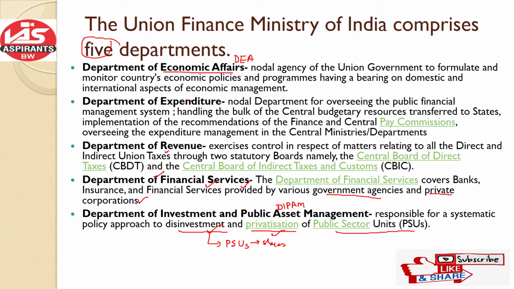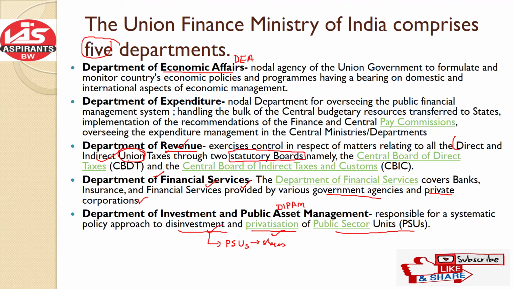Then we have the Department of Revenue. By the name itself, you can infer it covers all the taxes, whether direct or indirect. All the direct and indirect union taxes, that is the central government's taxes, are covered through the Department of Revenue, and it conducts its business through 2 organizations or 2 statutory boards.